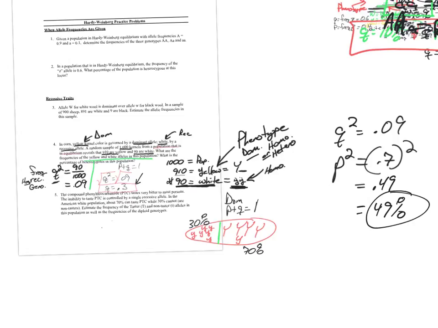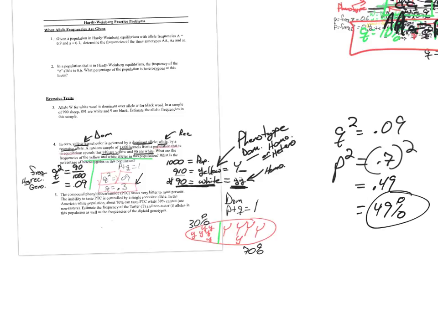What are they actually asking us? They're asking us the frequencies of yellow and white alleles. We already figured that out, didn't we? Where did we figure it out? Let's surround it in orange. We figured it out here, right? Where did we figure out the frequency of the Q allele?